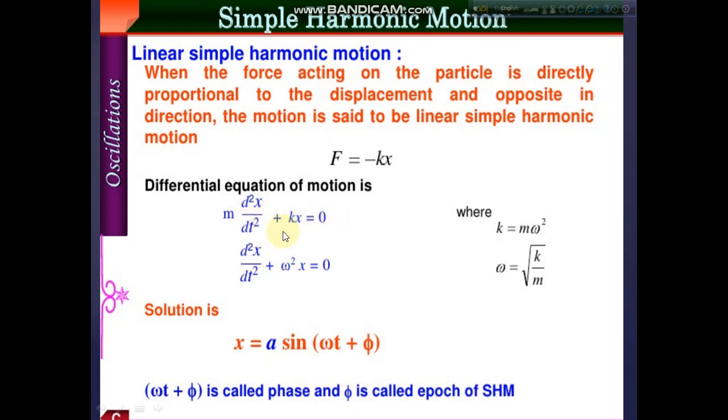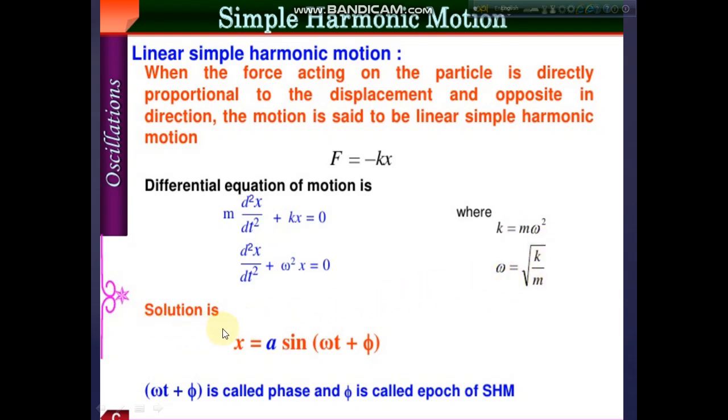Now we divide this equation by m. In this position, k by m we put omega square, because we know that the force constant k equals m omega square. From this equation you can write omega equals root over k by m.